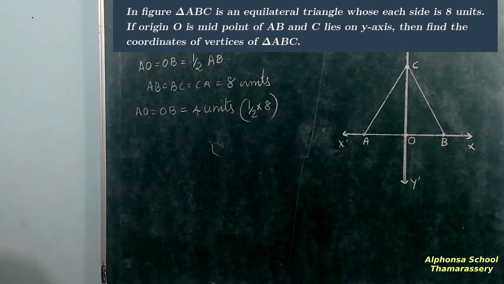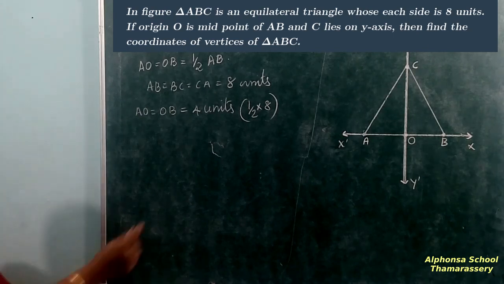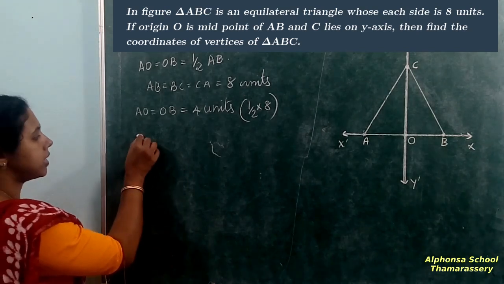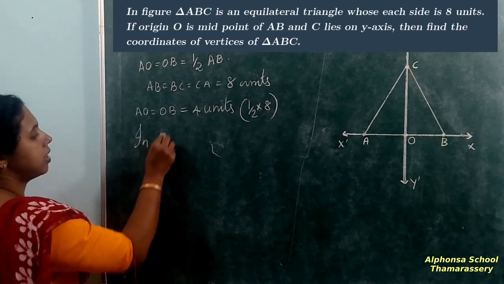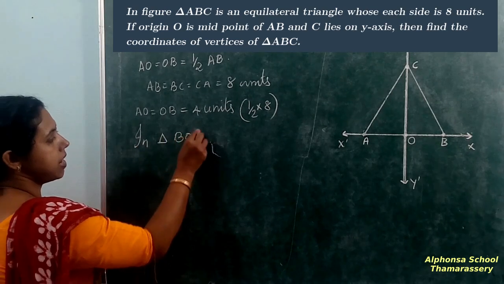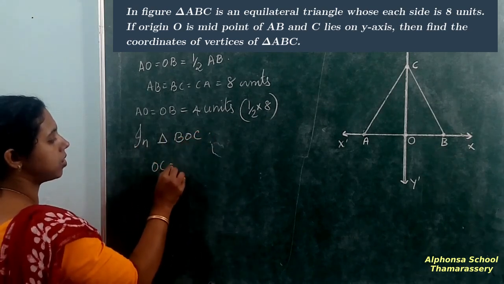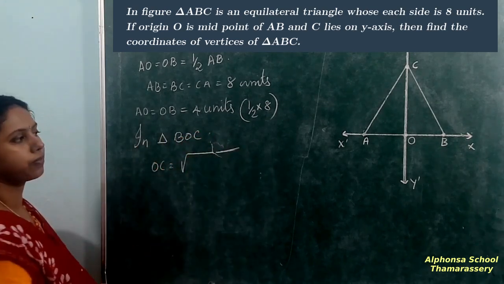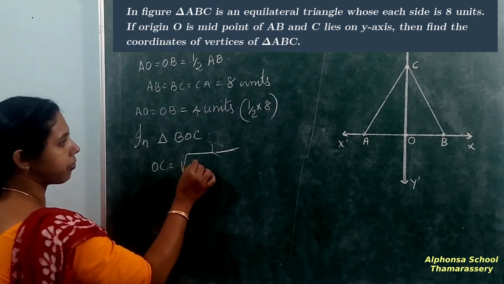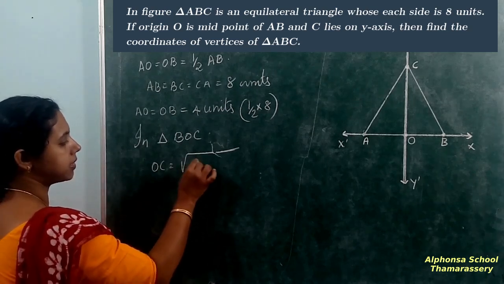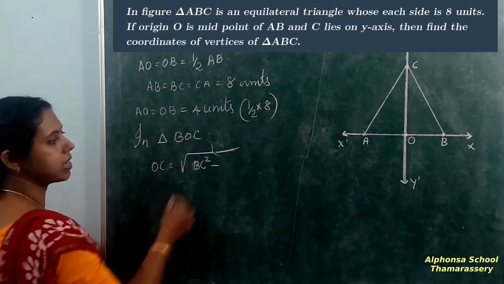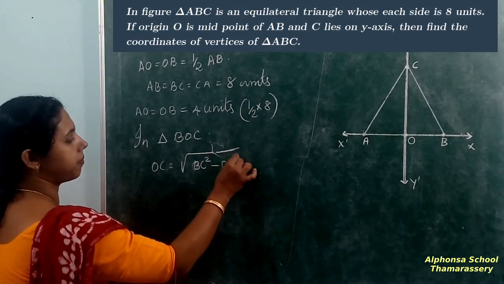Using the Pythagoras theorem, OC is equal to the square root of hypotenuse squared, that is BC squared, minus OB squared.